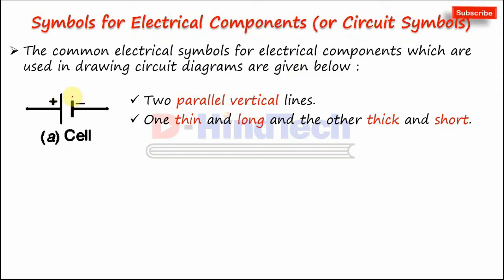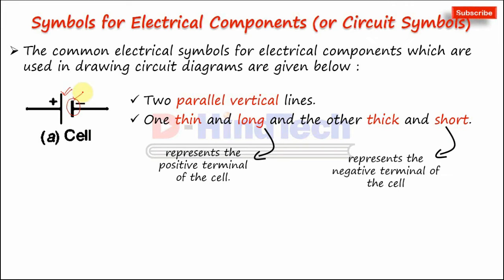The thin and long line represents the positive terminal of the cell, and the thick and short line represents the negative terminal of the cell. There is also a horizontal line on both sides of these vertical lines. In this way, this is the symbol of a cell.